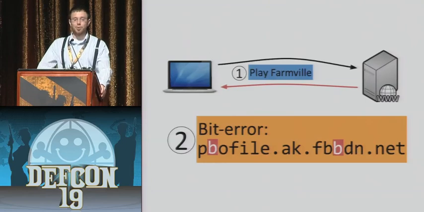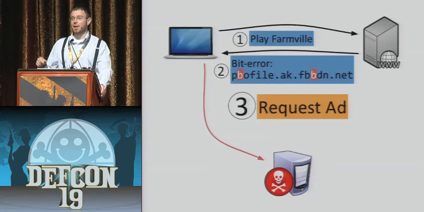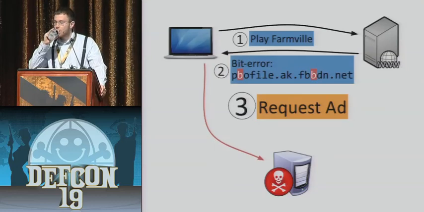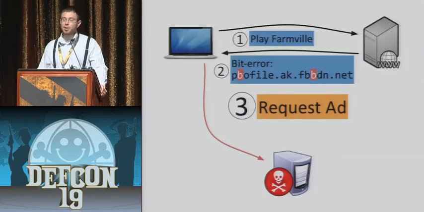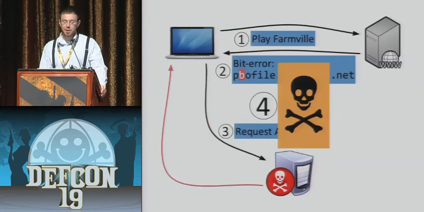I happen to own fbbdn.net, and this bit error happens to happen in the URL of an ad server. And this URL gets cached and then served up to the 1,300 people who keep requesting that resource. Instead of requesting ads from Farmville, they're requesting ads from me. I could have sent them anything I wanted, but I chose the 404.